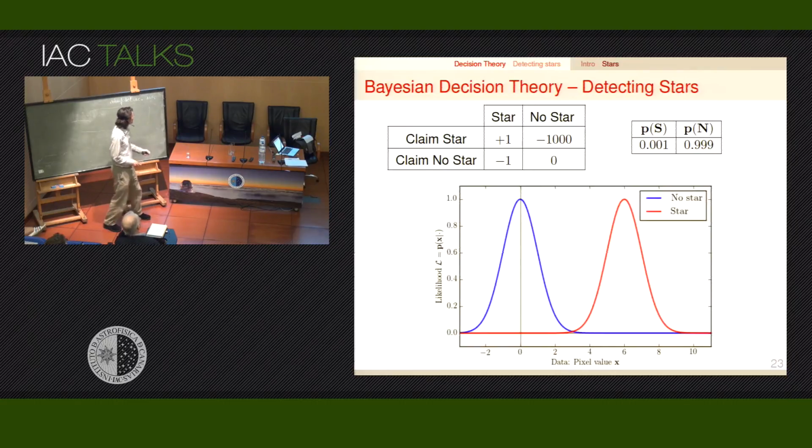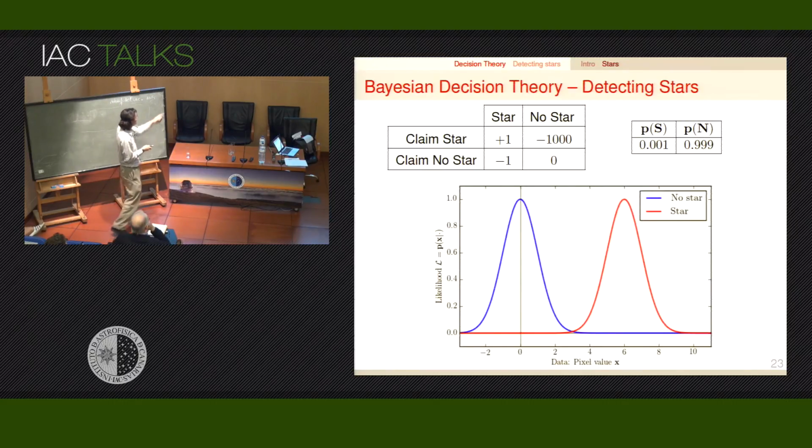So imagine that we're going to look at pixels now, and on the x-axis here are the pixel values. These are noisy images, so there's some distribution of pixel values where there are no stars, and also a distribution of pixel values where there are stars.